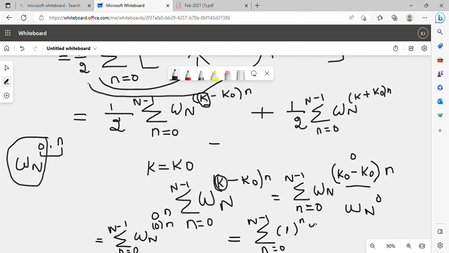Okay, for k is equal to k naught. So now what I'm supposed to do is take the second equation, and here my k is equal to minus k naught.